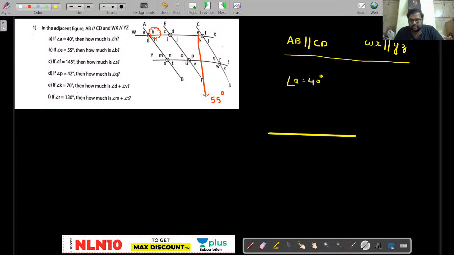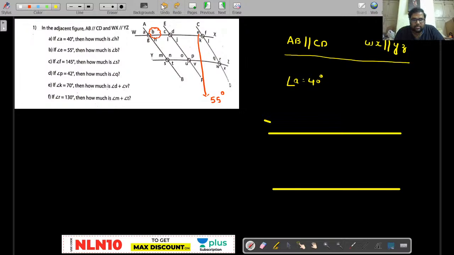Now see here. Now this is W. This is X. And this is Y. And this is Z. Now I will draw the parallel lines here. Now, as per the question, I have drawn only these things.